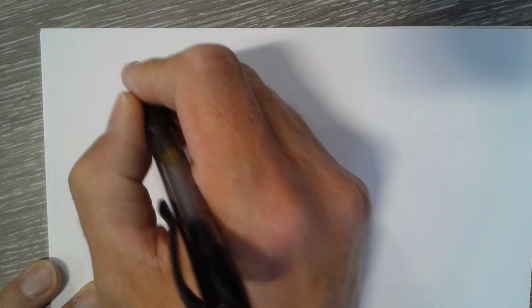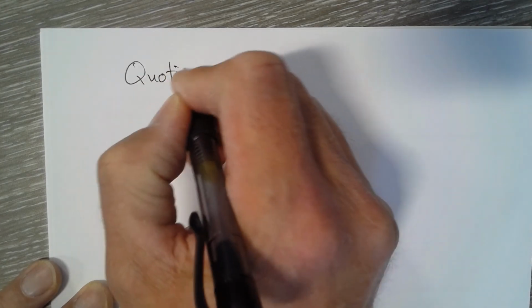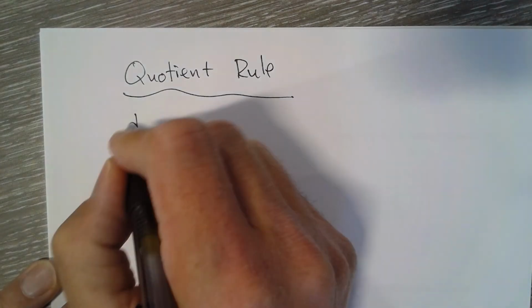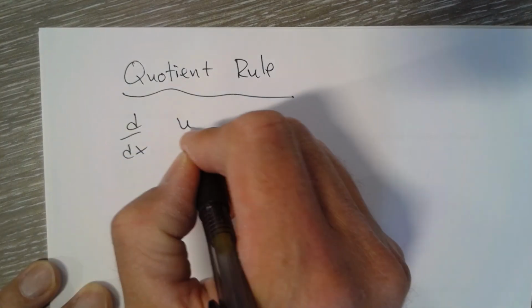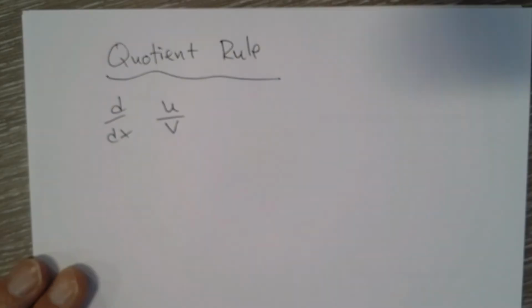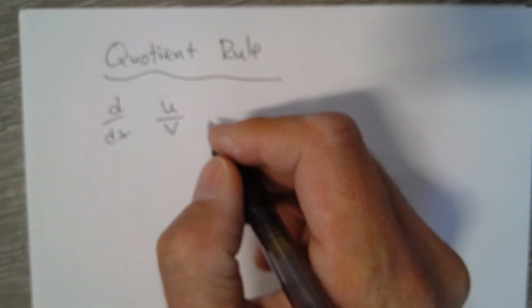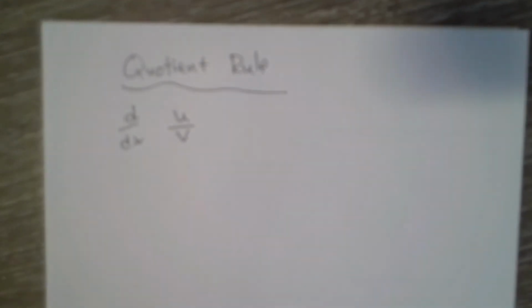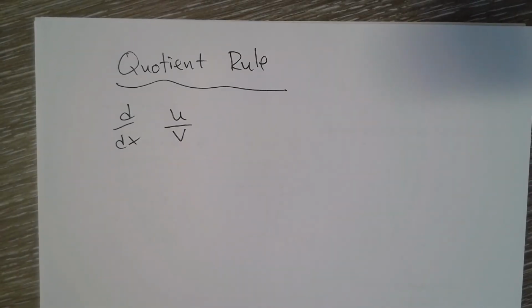Last thing I'm going to show you today is the quotient rule. That's when we're finding the derivative of u divided by v. I don't talk as u's and v's typically. I do bottoms and tops.